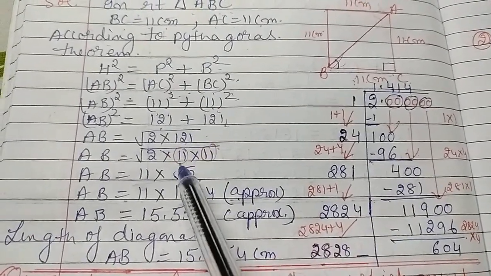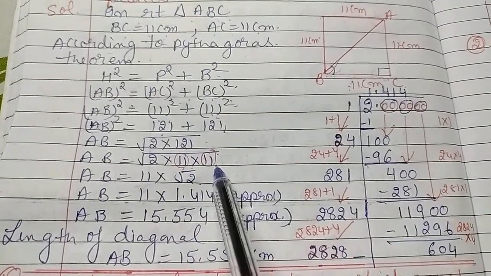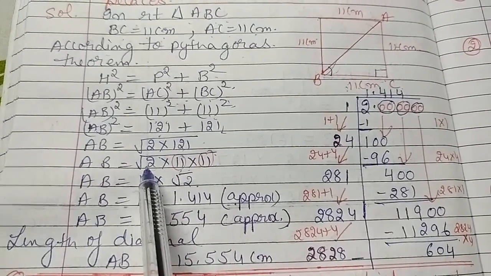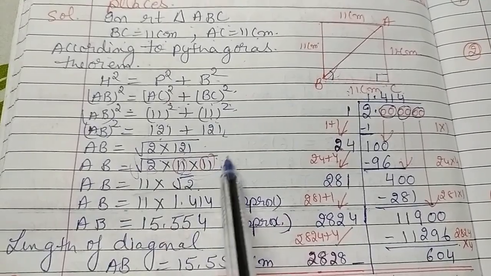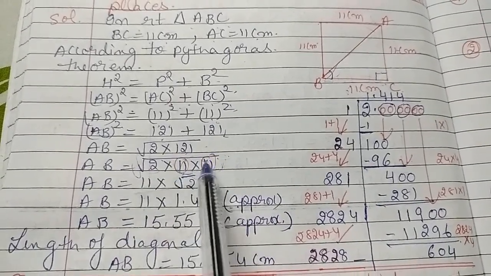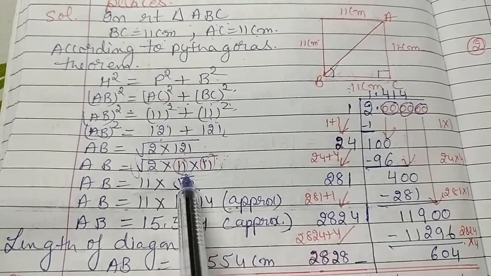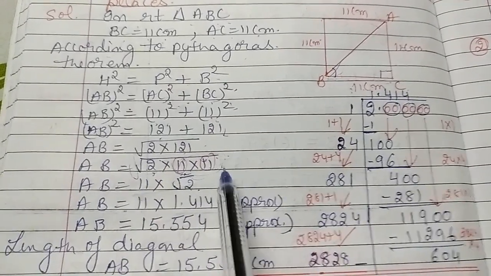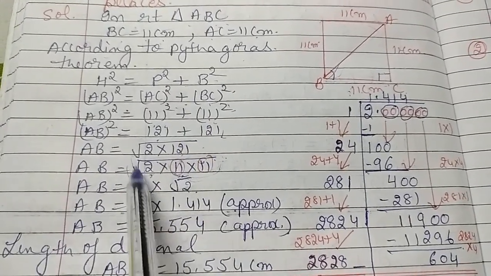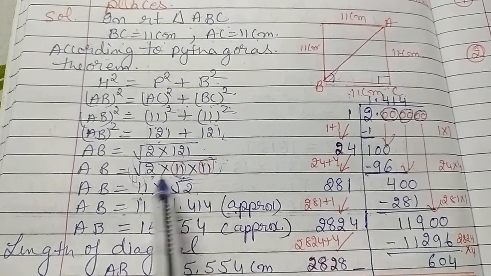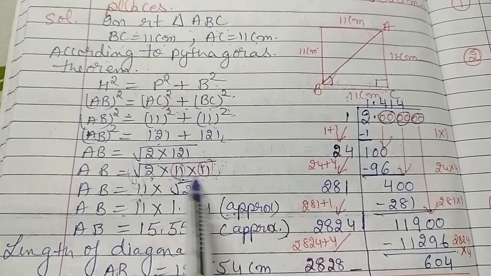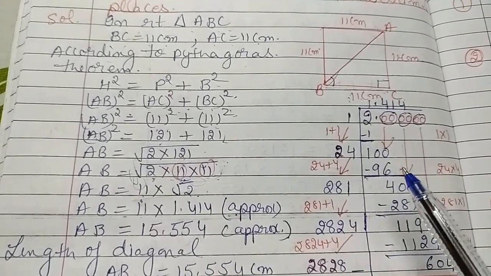Now 121 factors into 11 into 11 and only 2 is left. So the square root cancels only for the 11, because a pair of 11 is present but a pair of 2 is not. So 11 comes out of the square root sign, but root 2 has no pair.